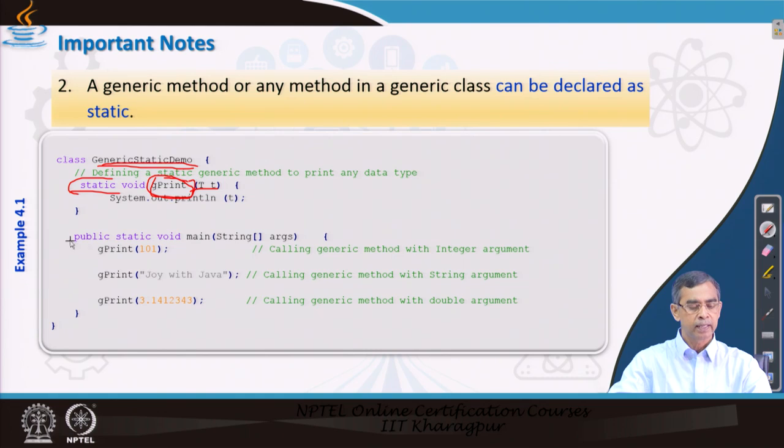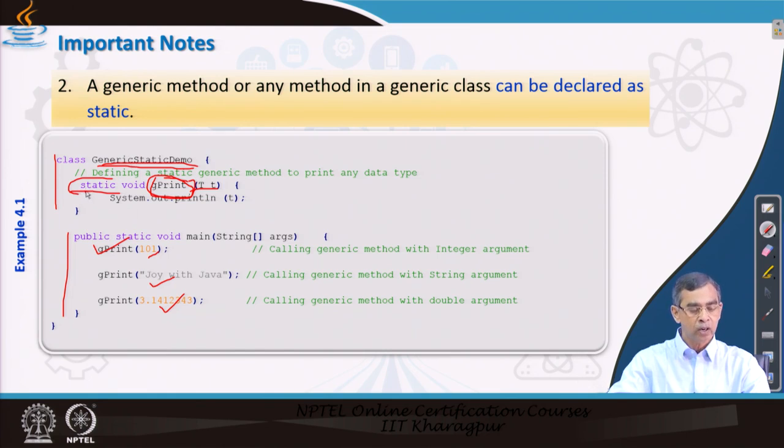For example, after defining this class which includes a generic method, here is the main method which uses gprint. This method is called for integer values, this call is for string, and this call is for floating point values. Here the method is static, so we did not create any object of this type.